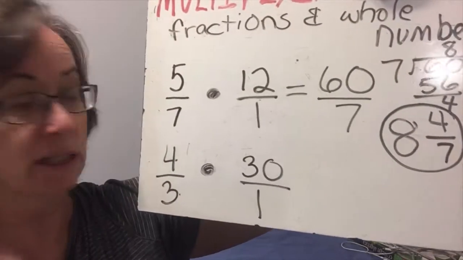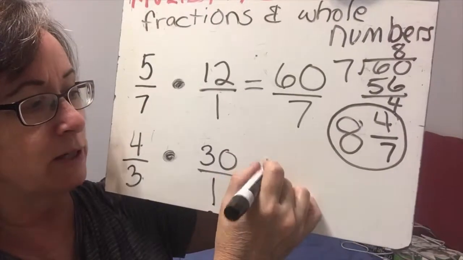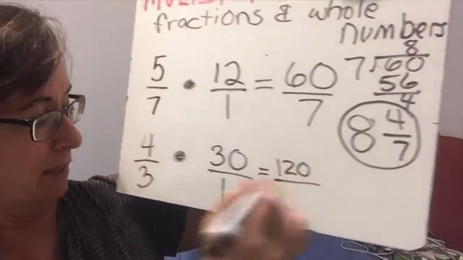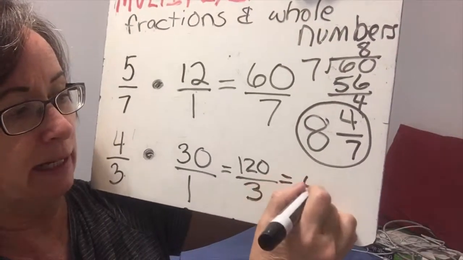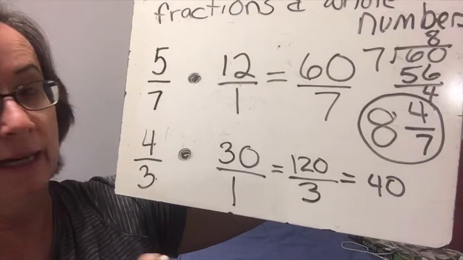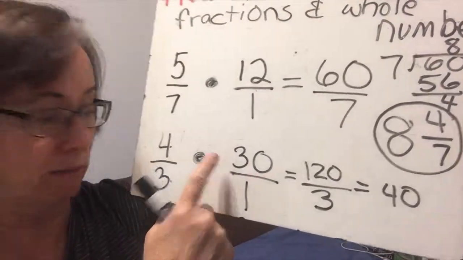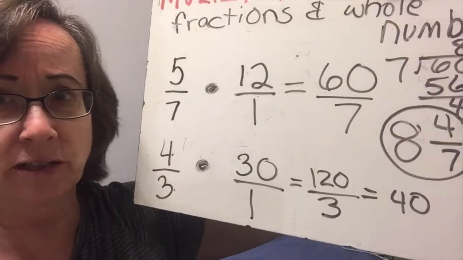Now, I could just multiply and get 4 times 30 is 120, and then 120 divided by 3 is 40. I could do that. Or I could take the shortcut and I could say, well, 30 has a 3 in it and 3 has a 3 in it, and they're going to all be one big fraction anyway.